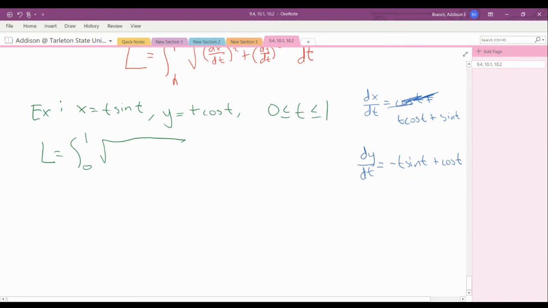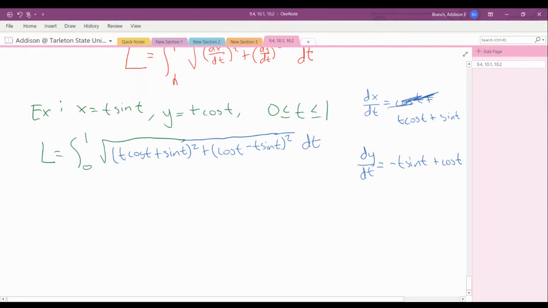All right, so now what we can do is we can go ahead and plug these in and square them. So we're going to get dx dt, so t cosine of t plus sine of t squared, plus we're going to do cosine of t minus t sine of t, just to make that look a little prettier, squared dt.